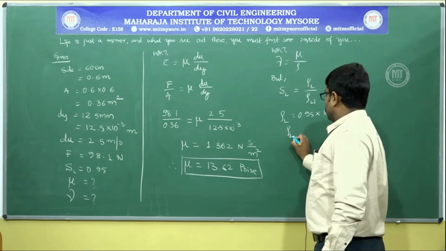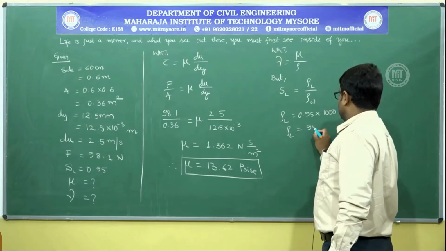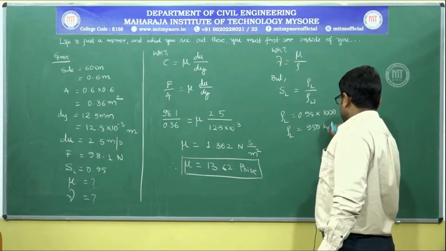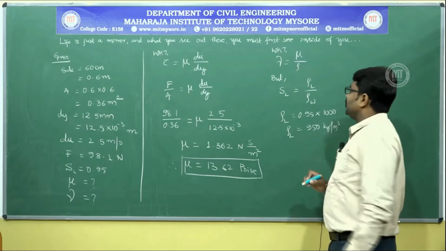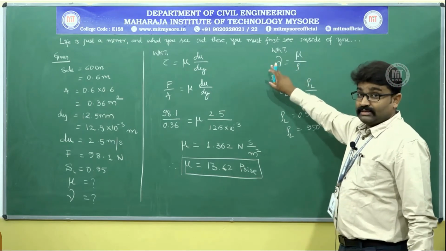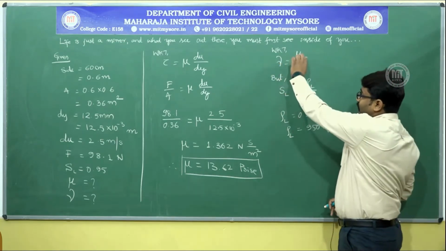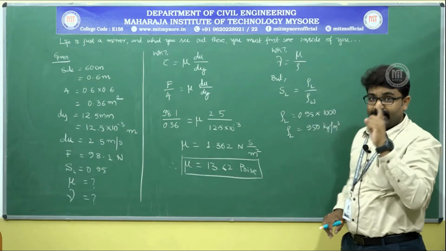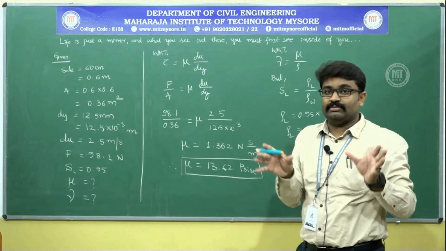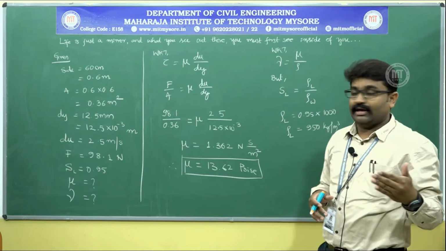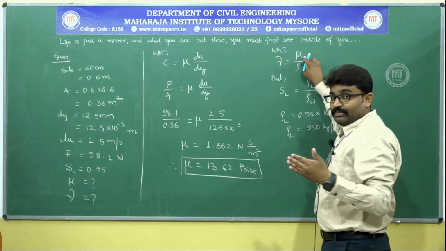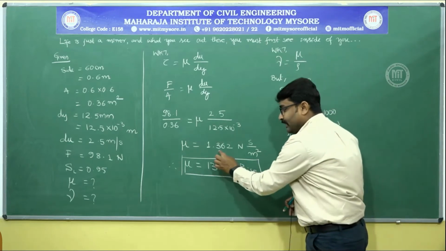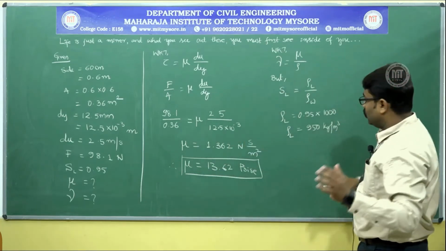So you will have density of the given liquid as 950 kg per meter cube. Now, please understand, you cannot write 13.62 for mu, because you will first have to have everything in terms of SI units and only then convert. So mu should be taken as 1.362 only.